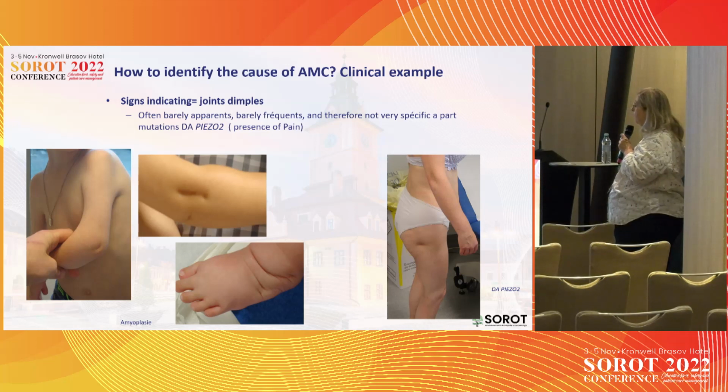So clinical examples are very particular. These joint dimples are very frequent, and they are very specific when there is pain about this kind of mutation, distal arthrogryposis piezo 2. And so it's something you can see very early in the first year.